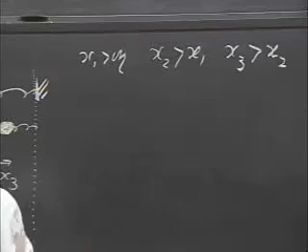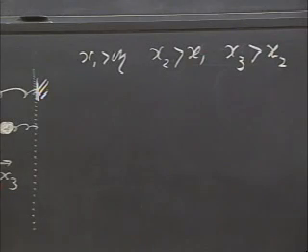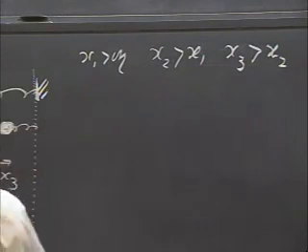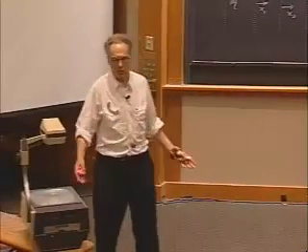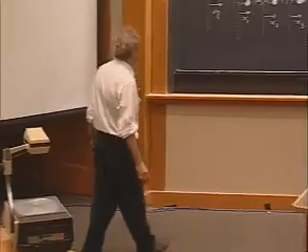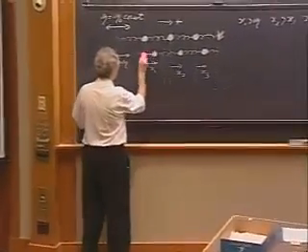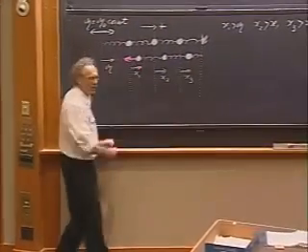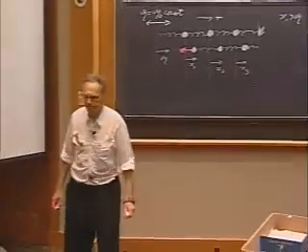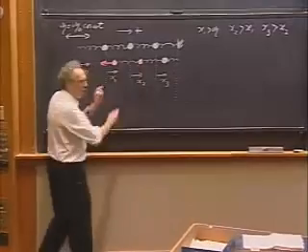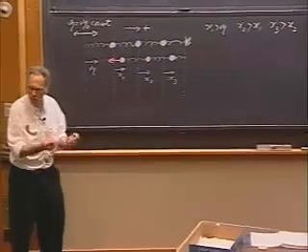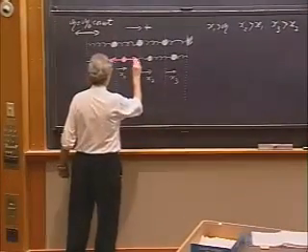If x1 is larger than eta, that first spring is longer than it wants to be, because I've assumed that x1 is larger than eta. And so that means there will be a force in this direction, because this spring is longer than it wants to be. If x2 is larger than x1, this spring is also longer than it wants to be, so it will want to contract. So there is a force in this direction.